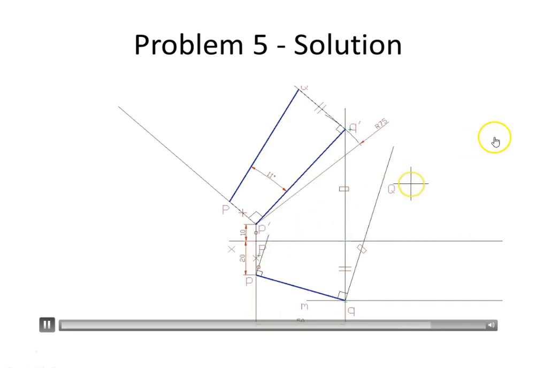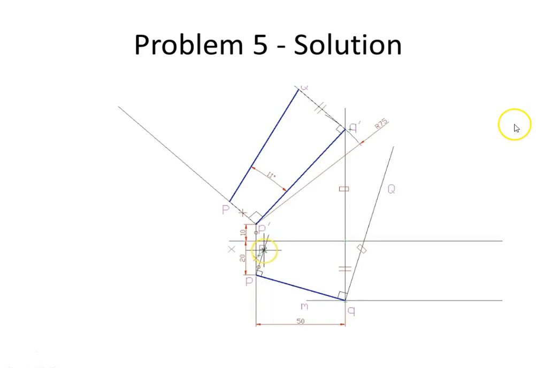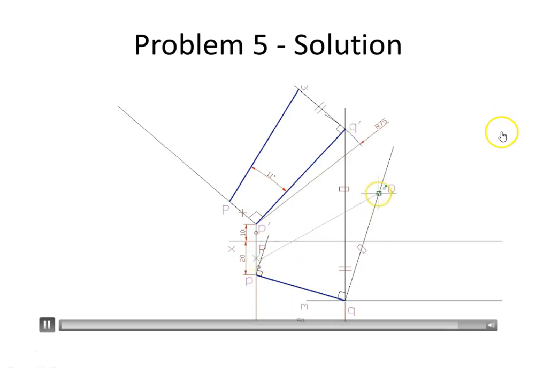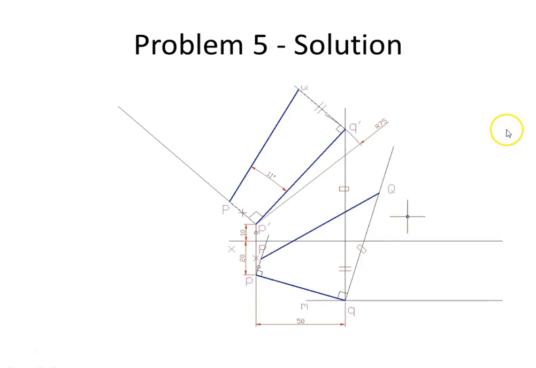So you can see that similar markers are given on each projector line to make it clear which distance is which, or which distance is taken for drawing which of the true lengths. So now we have got both of the true lengths here.